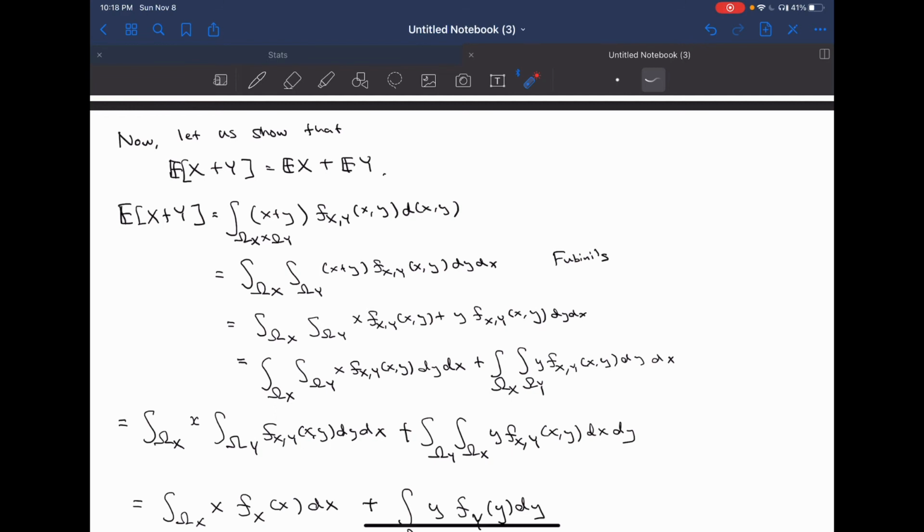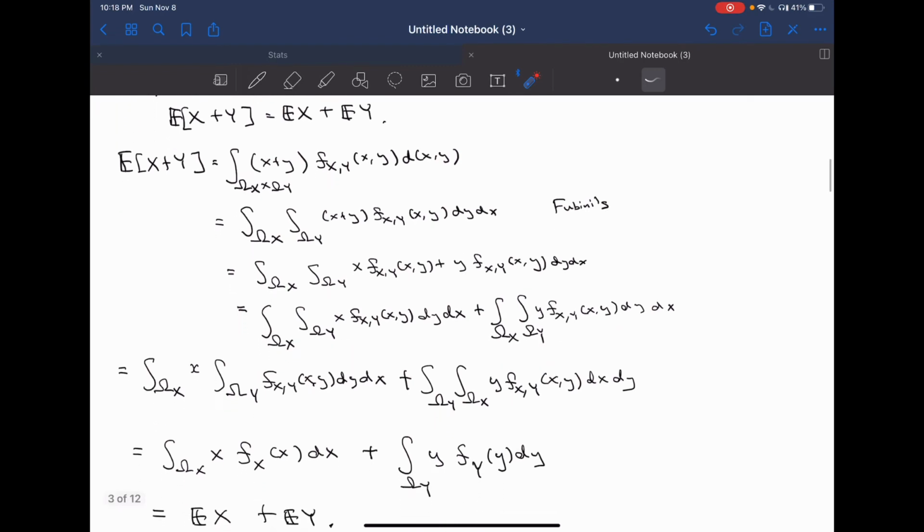So here we're just going to use the distributive property, and then like so. And to go to this line, we're just going to use the linearity property to break this integrand into two integrals.